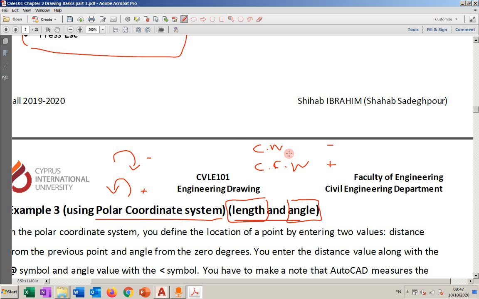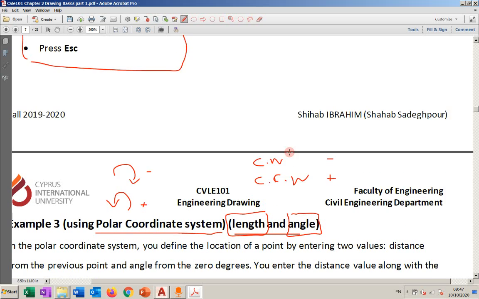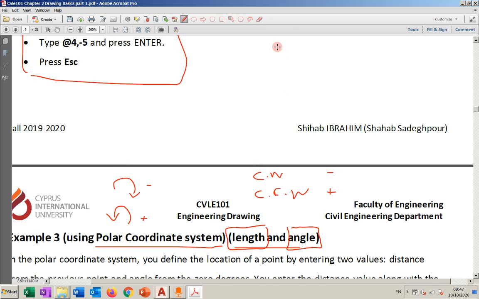Now, AutoCAD measures angle from the positive x-axis. This is very important. We have a coordinate system, yes. This is the x direction, and this is x positive. AutoCAD always measures angle from the positive x-axis. So if you say, for example, just practicing, 120, it's positive, yes, it's counterclockwise.